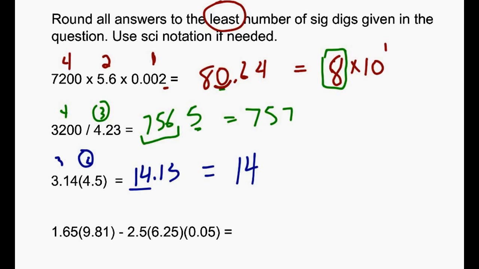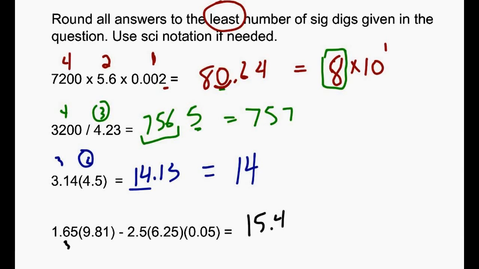Let's get that answer first, then we're going to subtract 2.5 times 6.25 times 0.05. So for this last one we get 15.4. And how many digits do we need to round it to?